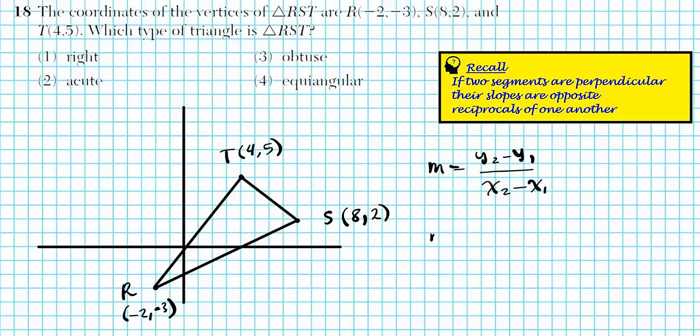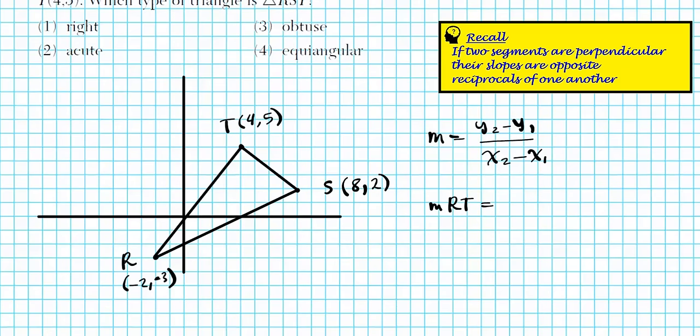So this is x2, y2, and then this is x1, y1. Why am I labeling it? Well, I want to use the slope formula to find the slope, okay? Or if you want to do a quicker way, you can do your rise over run. I think that'll be faster.